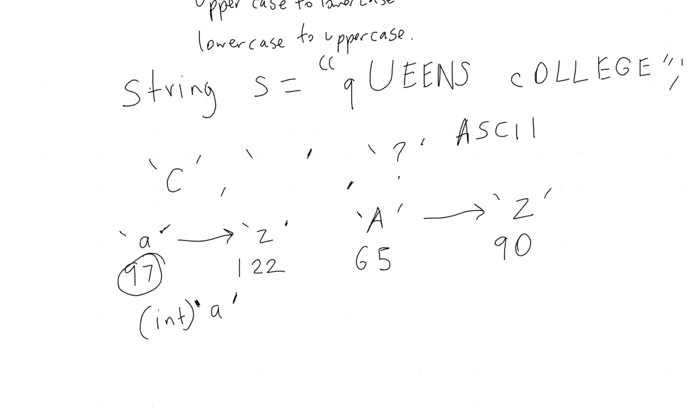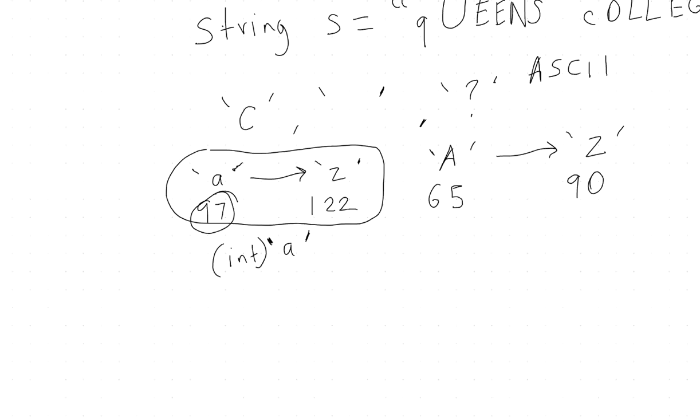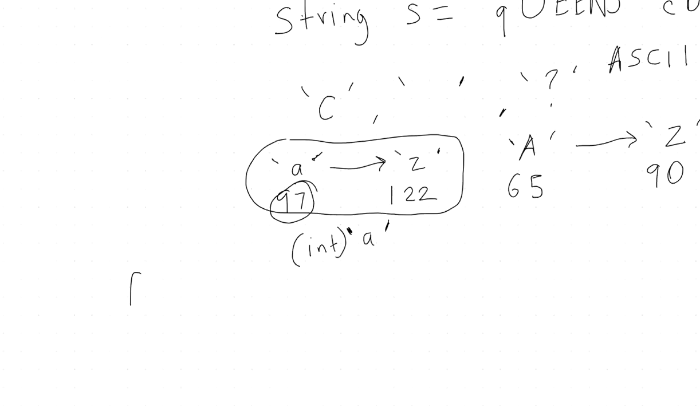So a thing you can do instead is, if you're trying to find out whether a character in a string is in the lowercase range, what you can do is, I'm just gonna write something to go through the length of the string. So our string was S, so I have the length of it.